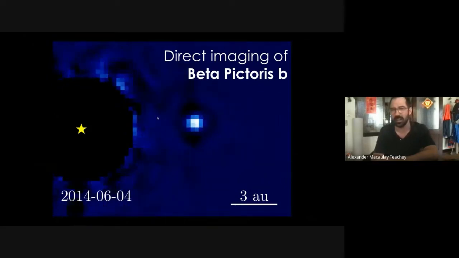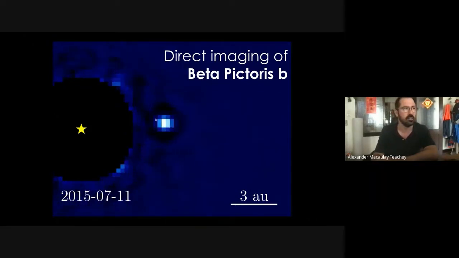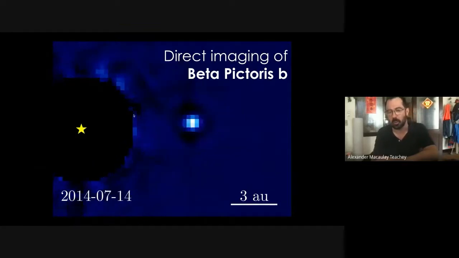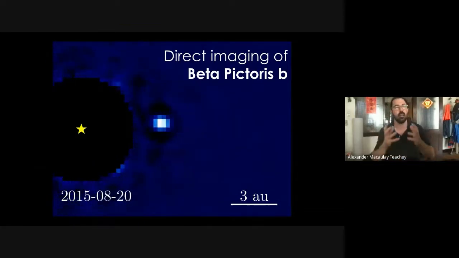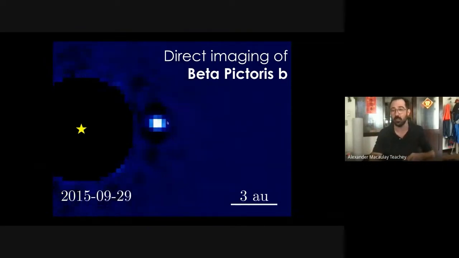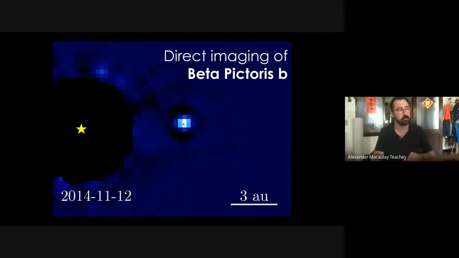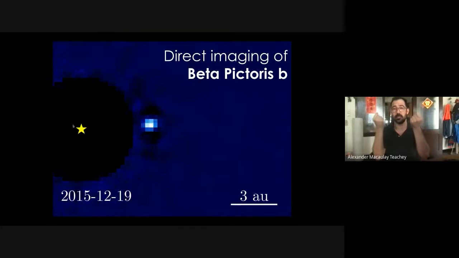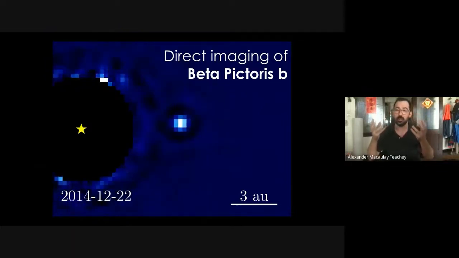Very, very complicated observations. So you can imagine, what are our requirements for doing something like this? We need the planet usually to be young, so it's still shining this way, because the light it is receiving from its star is way, way too weak for us to detect. And also, we want this system to be fairly nearby to us.